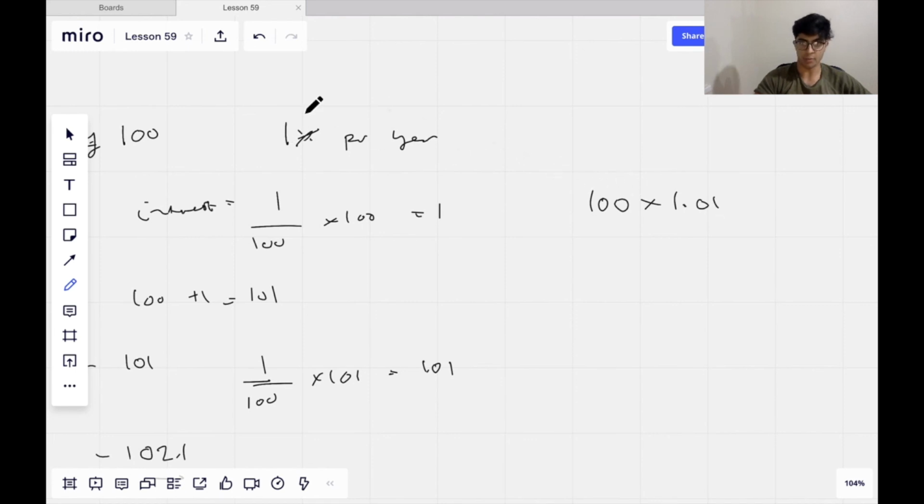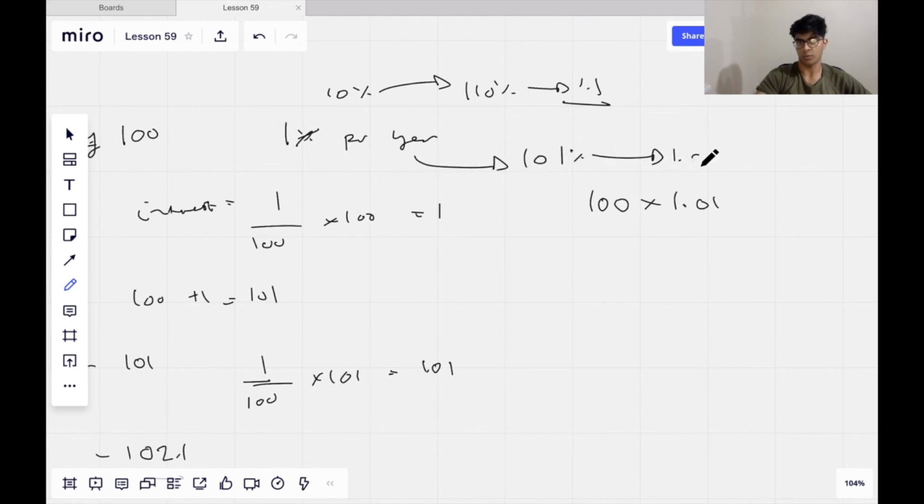But if you had, say, 10% interest, that means after 1 year you have a percentage change of 10%. 10% of the value you'll have to add on. So you have 110%, which is 1.1, whereas this 1% a year is 101%, which is 1.01. Hopefully that all made sense, and I'll see you guys in the next video.